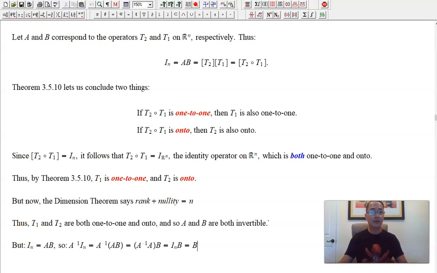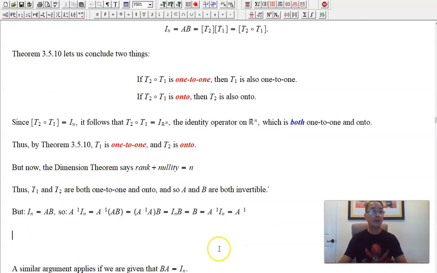Oh, so therefore B equals A inverse identity. Oh, but wait a minute, that left side also simplifies, and it simplifies to A inverse. Okay, so we get that B is A inverse. So if you reverse the order, we will get B is A inverse, so A inverse A down there.